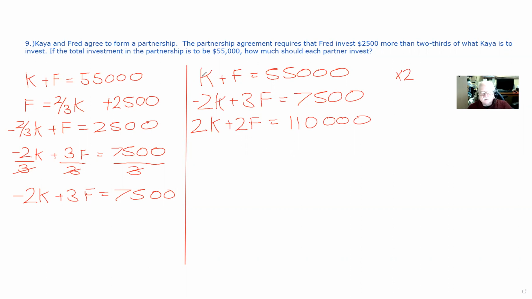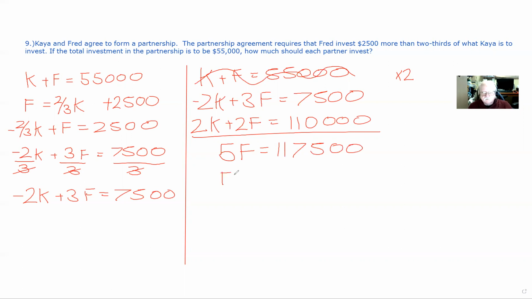So we can now ignore this equation, we add these two. The K's cancel out. 3 plus 2, they're both positive, becomes 5F equals, see what we got here, 7,500 plus 110,000 is 117,500.